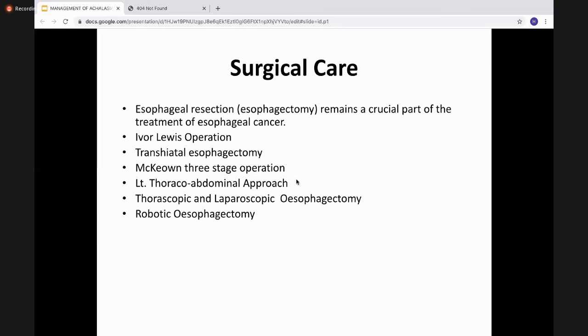If the left thoracoabdominal approach is done, then the thorax and abdomen are opened on the left side, the tumor is removed, and anastomosis is done in the thorax. And these are the recent advances: these whole operations can be done with the help of the laparoscope and robot.